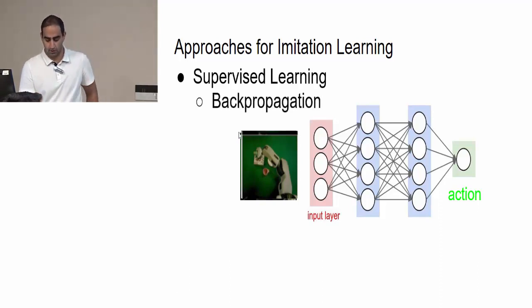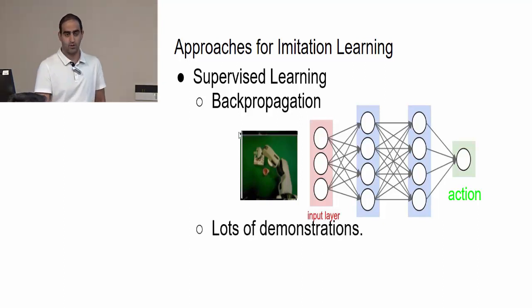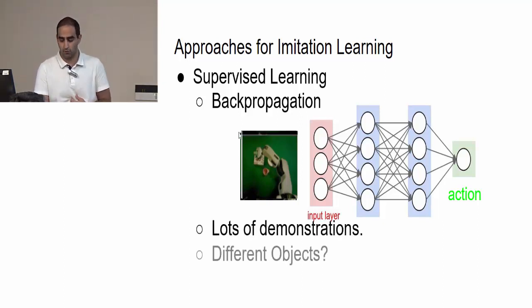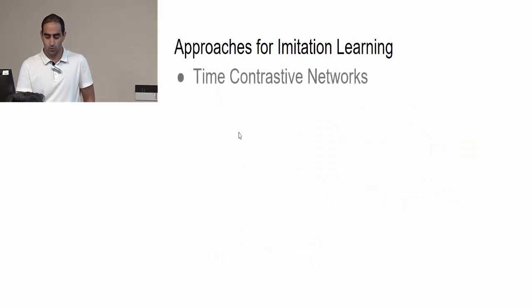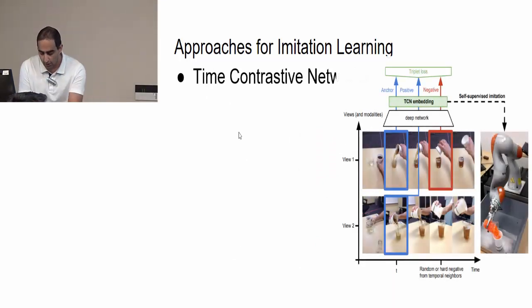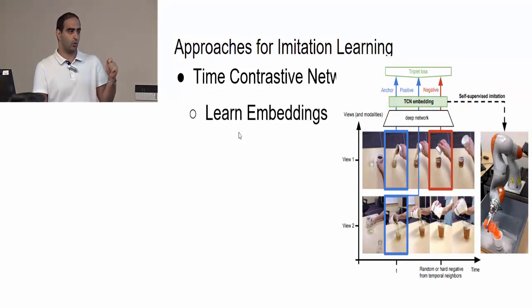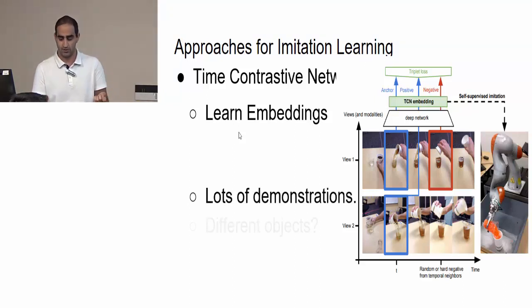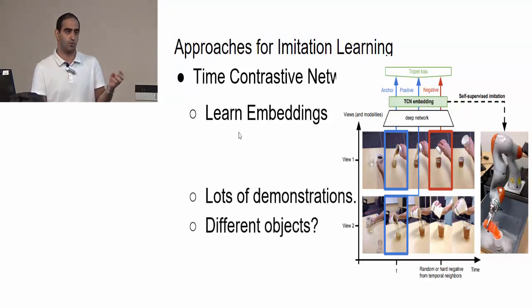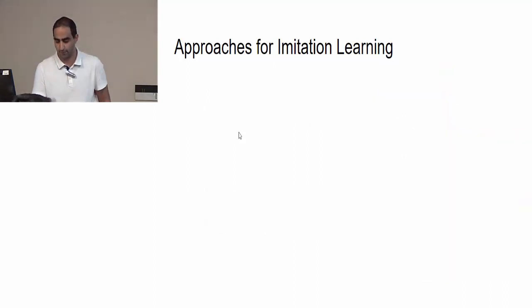We use backpropagation for that, but the problem is it requires lots of demonstrations, and if we want to perform the task on different objects, we have to train from scratch. Another approach is time contrastive networks, which we discussed in the first lecture, and the idea was to learn an embedding between the robotic and human domain, but it again requires lots of demonstrations, and for different objects we need to learn new embeddings.